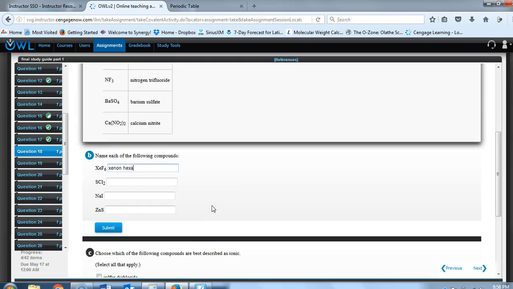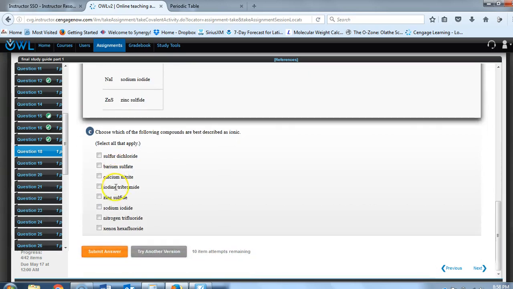Xenon hexafluoride, sulfur dichloride, sodium iodide, zinc sulfide.